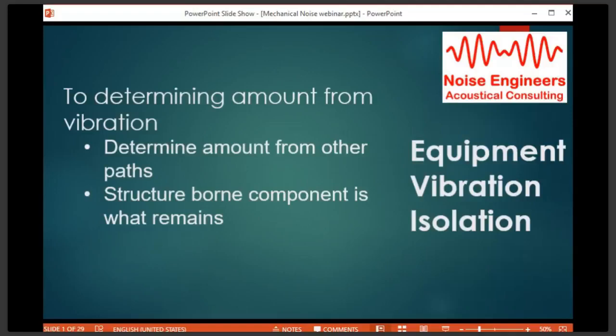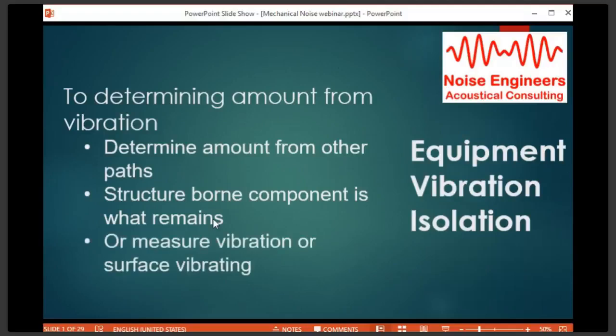So usually what we're doing is predicting the noise from the airborne paths, from the noise radiating from the unit or breakout noise, and then predicting how much noise we expect in that room below or adjacent. If it's not close to that, we suspect vibration could be an issue. If the measured levels are different or a lot higher, it could be structure-borne.